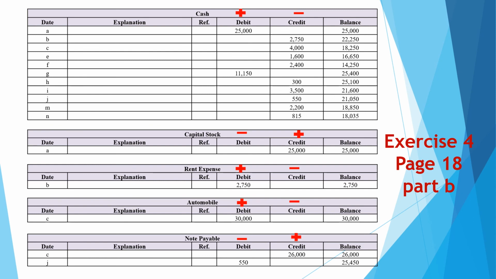The next time the cash account appeared in the general journal was in transaction C. It was a credit as well, so we make the same calculations.